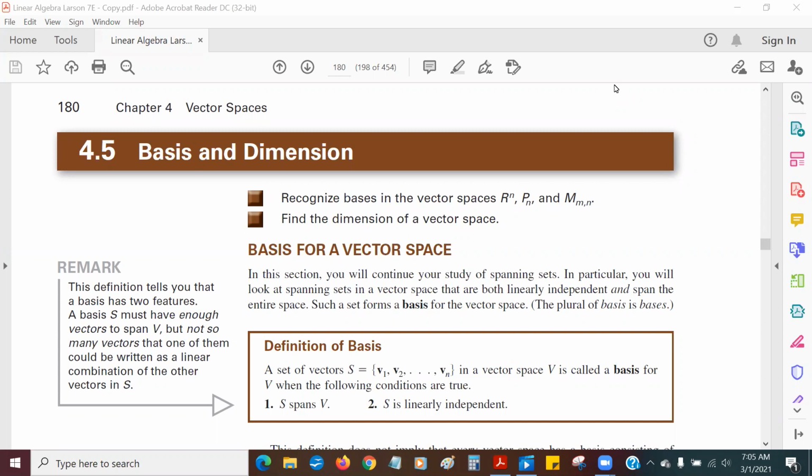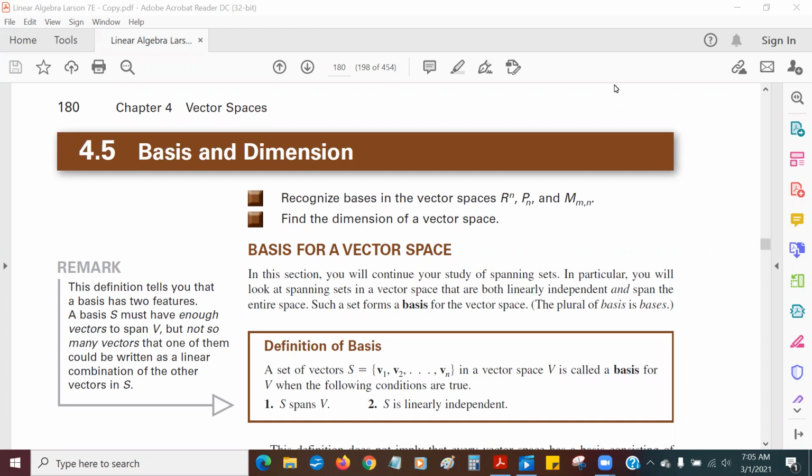We also had the idea of a set of vectors being linearly dependent or linearly independent. All that was from 4.4. Dependent means that it's possible to write one vector as a linear combination of the other vectors in that set. Independent means it's impossible. And there's other ways we defined it.